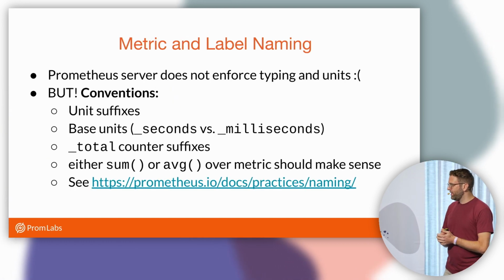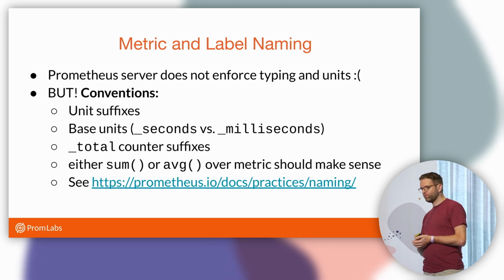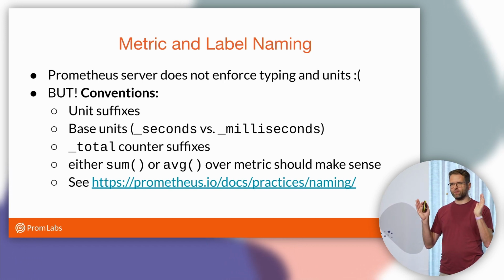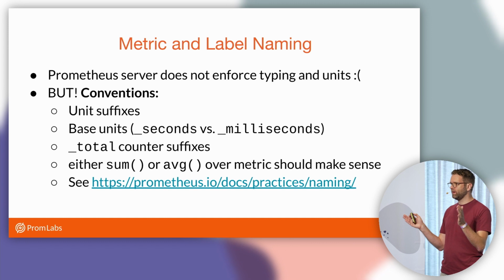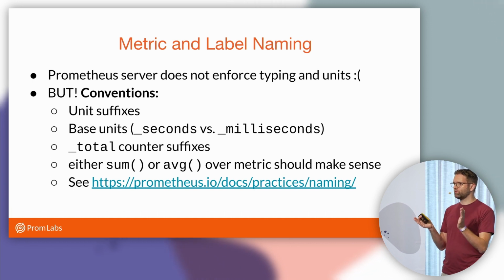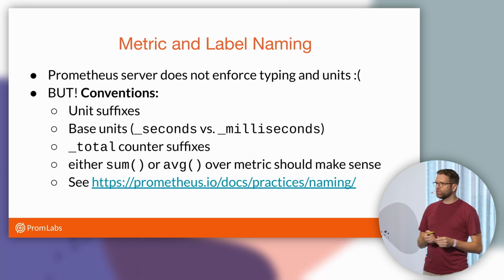Okay, let's get a bit more Prometheus specific. If you've used Prometheus, we have this metric name concept, which is part of a time series name describing the aspect of a system you are monitoring. And it's really just a string.